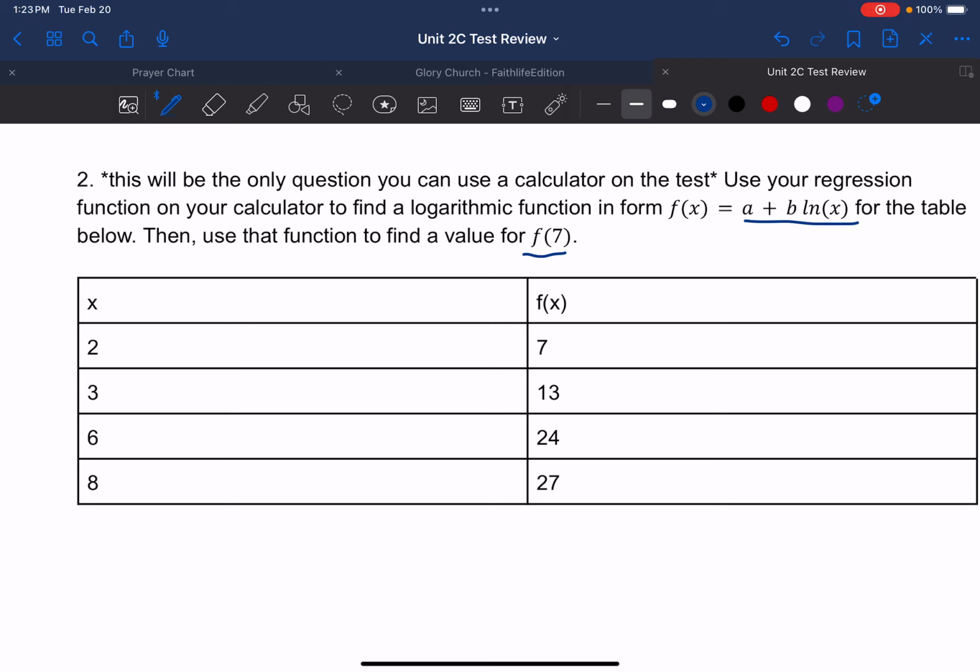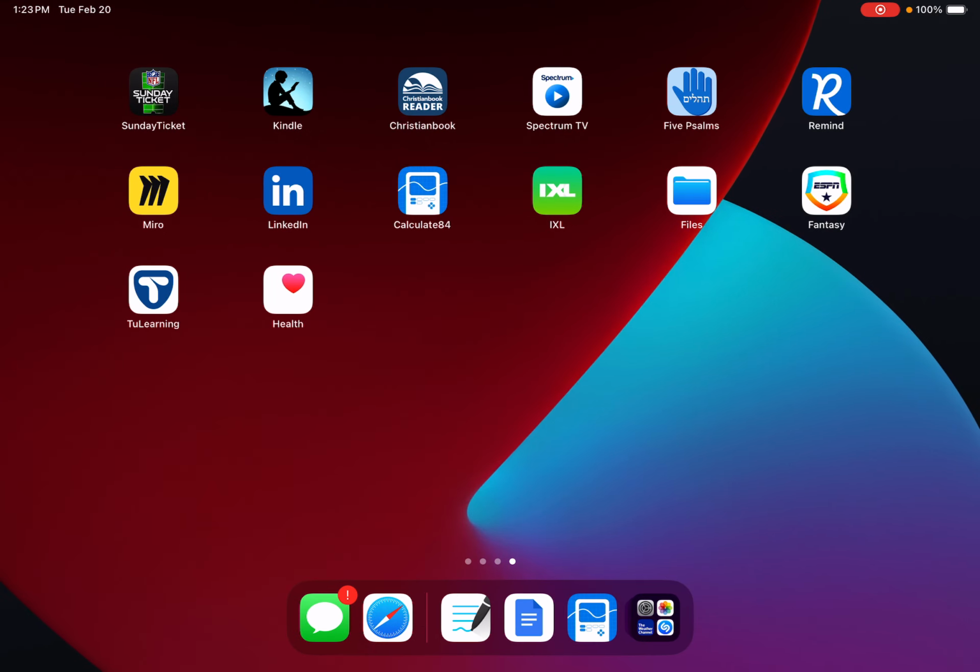Let me pull up this review on my computer really quick, just so I can be in my calculator and do it at the same time. There we go. So I'm going to go into my calculator here.